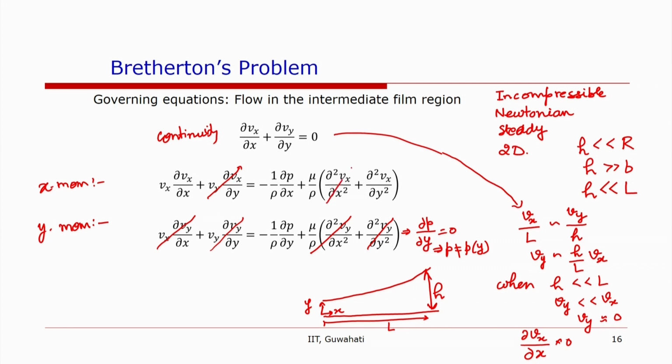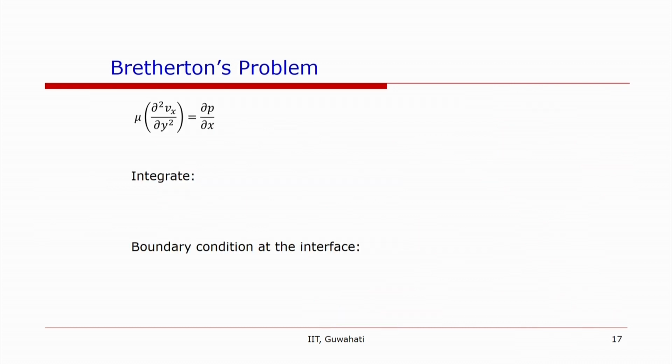This term is 0 because del Vx over del x is negligible, and this is also 0 because del Vx over del x is equal to 0. So what we have is 1 over rho del p over del x is equal to mu over rho del 2 Vx over del y2. So we have a simplified equation, mu del 2 Vx over del y2 is equal to del p over del x. Let us integrate this.